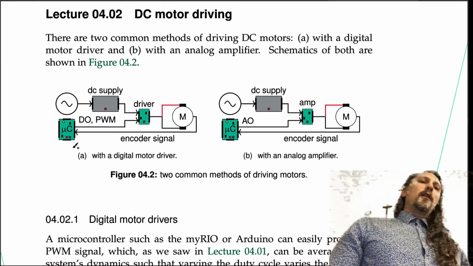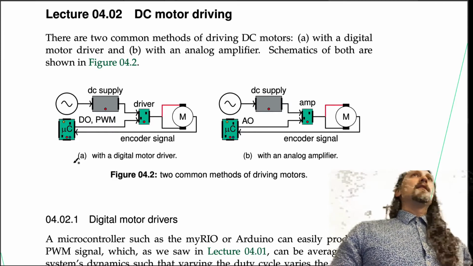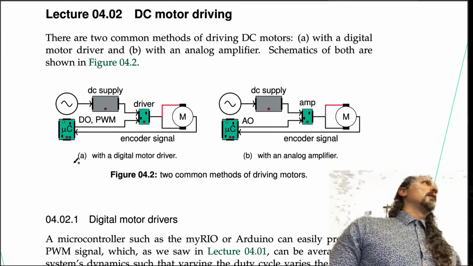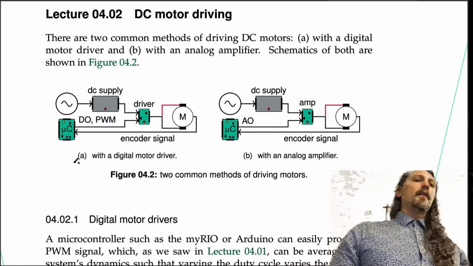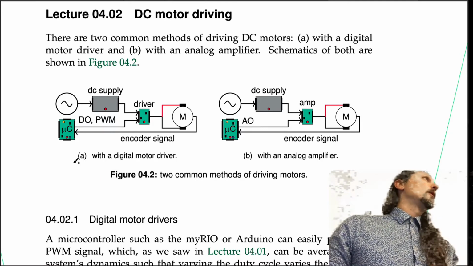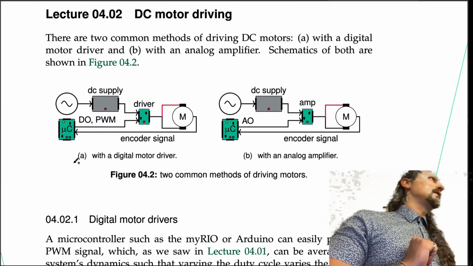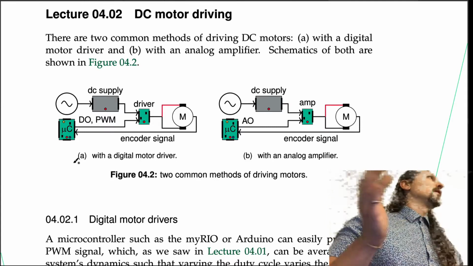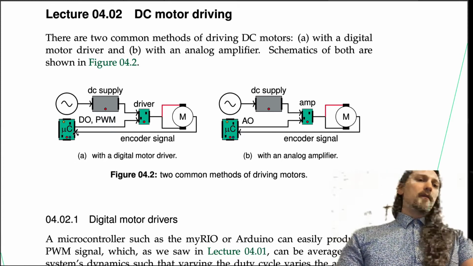We've got our microcontroller, which in our case is the MyRio, right? But it could be any microcontroller that you've got, that's got a microprocessor on board and some input-output capabilities with some pins. We've been, of course, working with the MyRio microcontroller for a few weeks now.